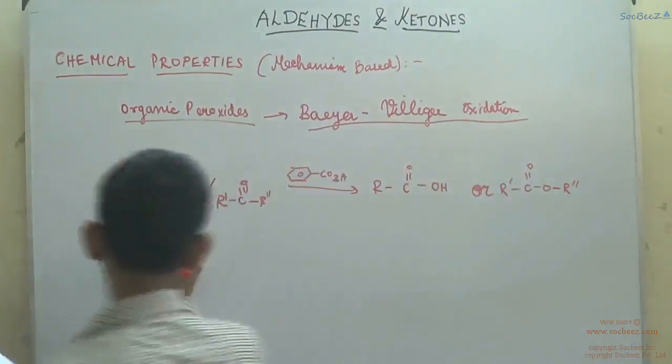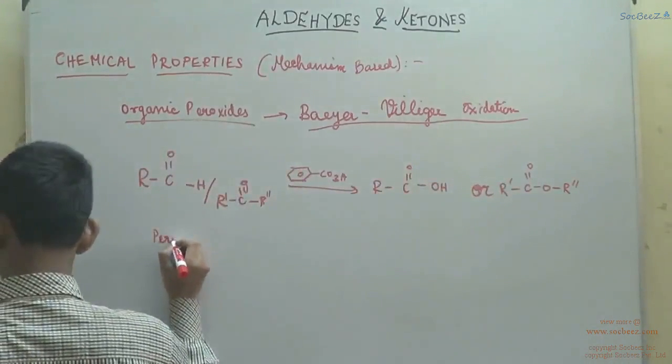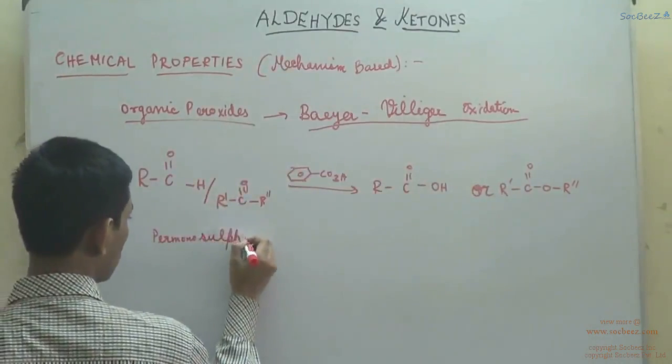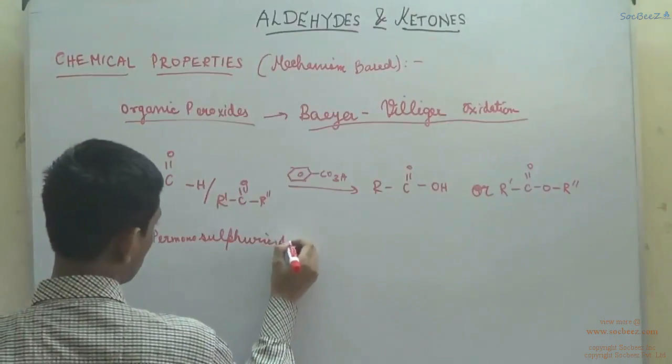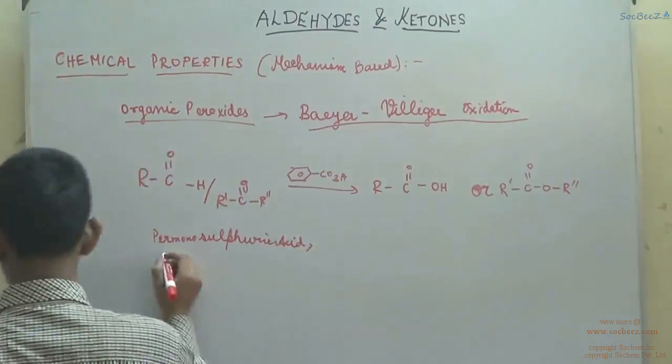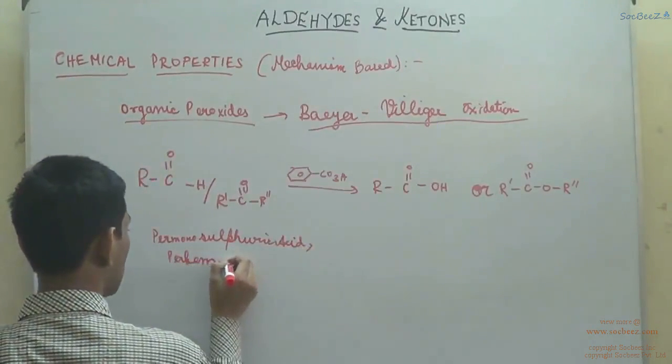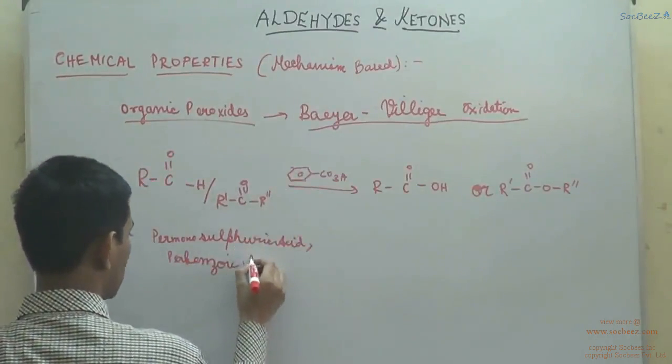What are examples of peracid? Permonosulfuric acid, perbenzoic acid. This is perbenzoic acid.